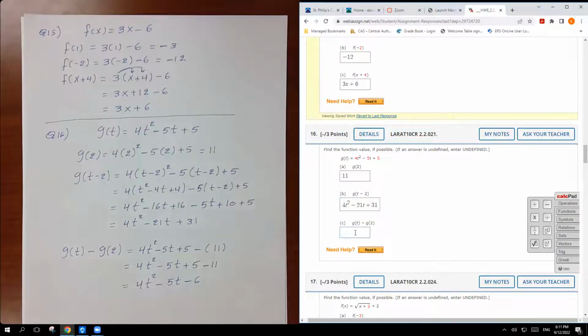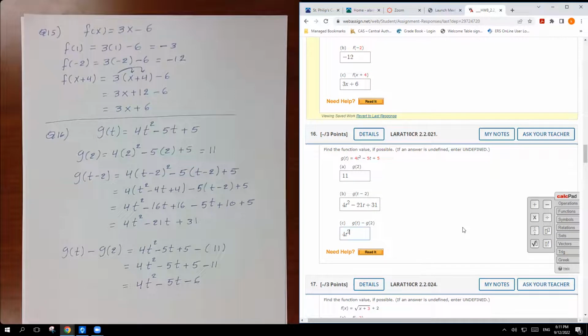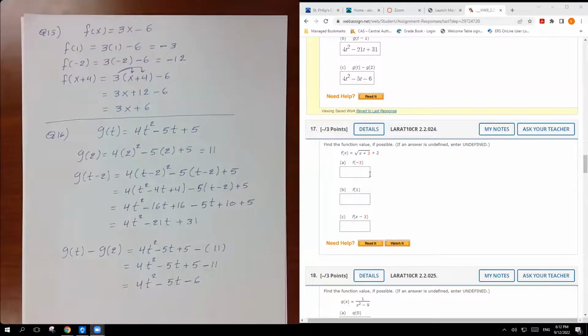And the result, when you say g of t minus g of 2, is going to be 4t squared minus 5t minus 6. That's it for this question. The same thing for example 17. You can do exactly the same steps, but be careful, you have a square root here.